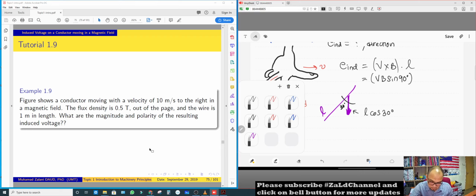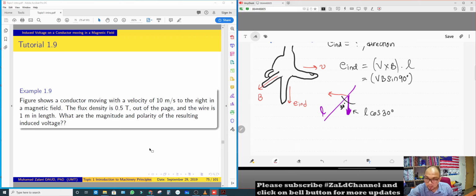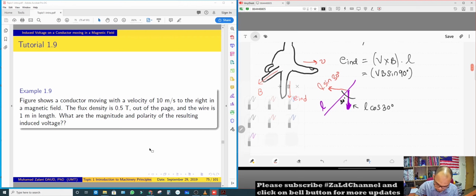That is the cosine component. And then we can also, let's say this one is L sine 30 degree, is it? Alright? Yes.